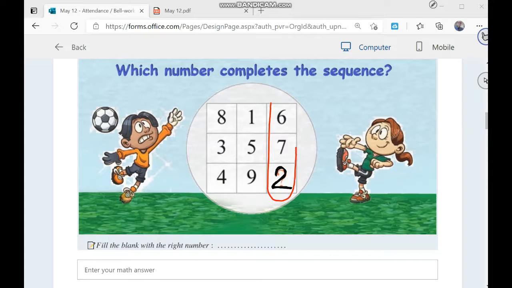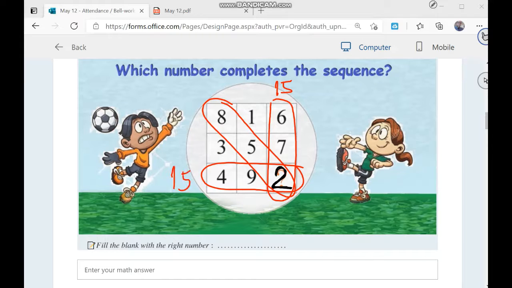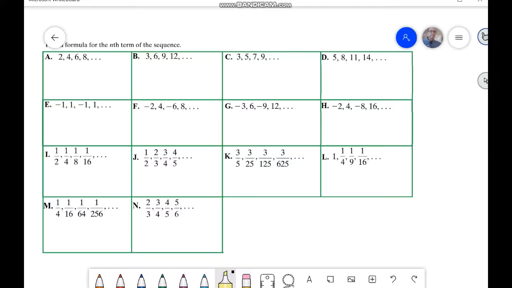You add this column, you add this row, and add this diagonal, and the result will be 15, 15, and 15. So 2 is the right answer. 2 is the correct answer. See, it makes a lot of sense. This is the missing number.